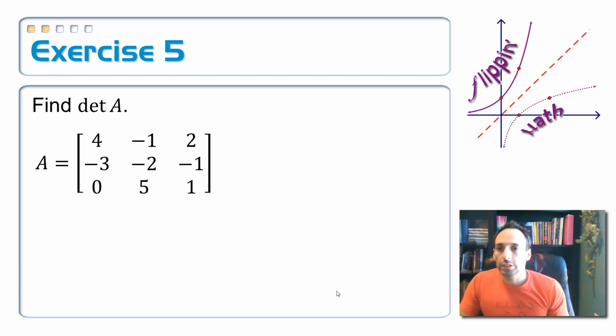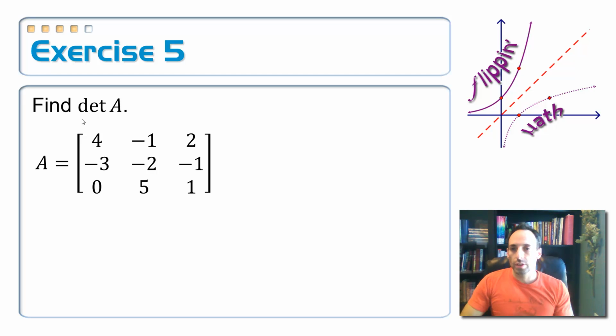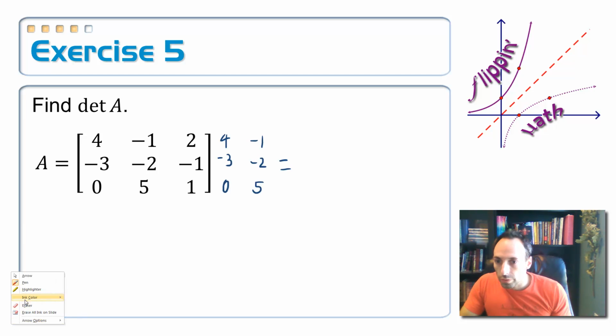So let's find this on exercise 5 here, the determinant of this 3 by 3 matrix. So what we said is, first take the first two columns, write them at the end. So 4, -3, 0, and then going down, -1, -2, and 5. Okay? So let me make this really colorful here. Start with the green.